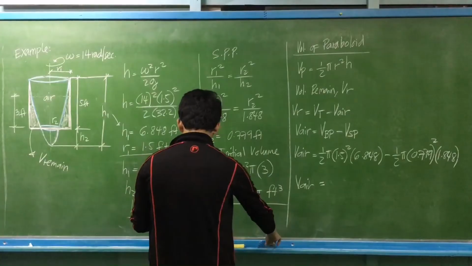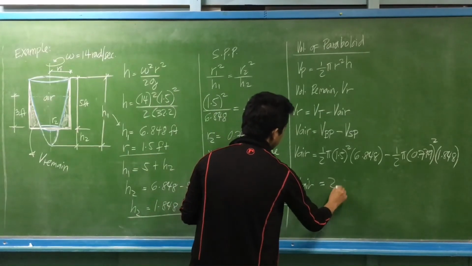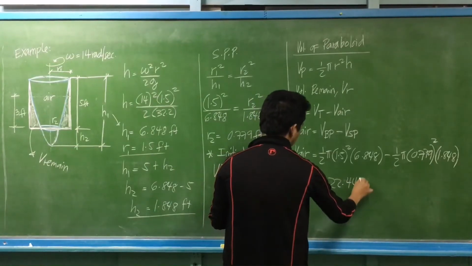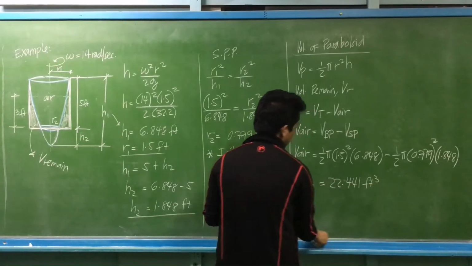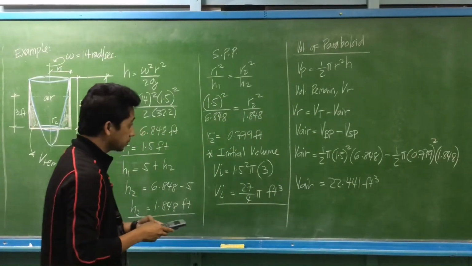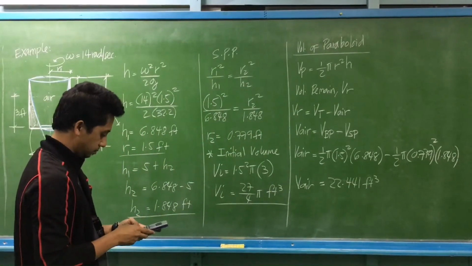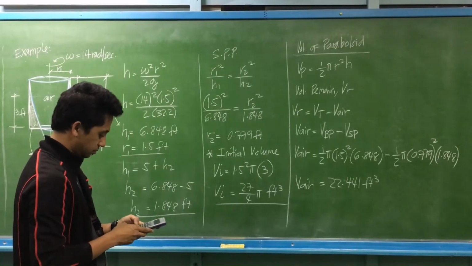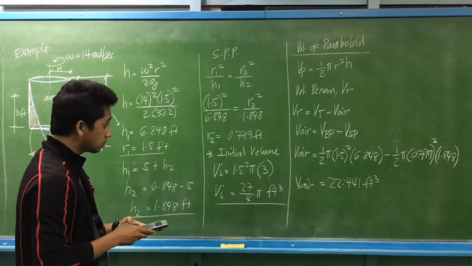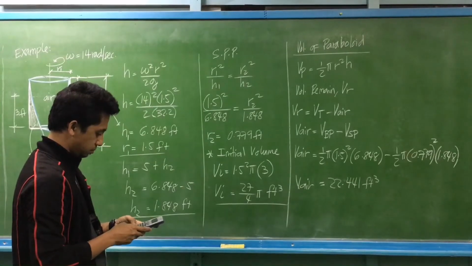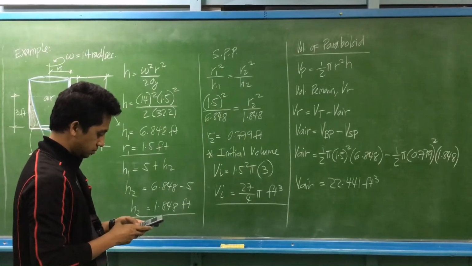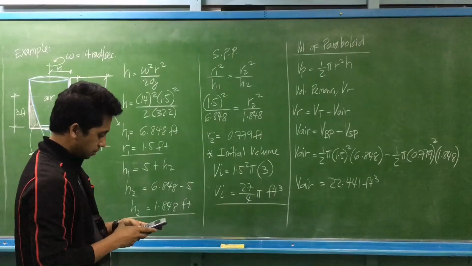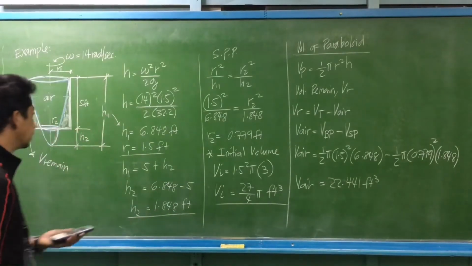Okay, so my computed volume is equal to 22.441 cubic feet.